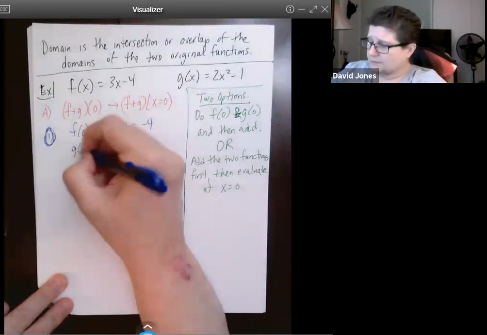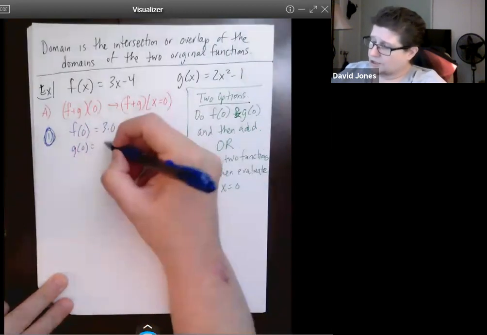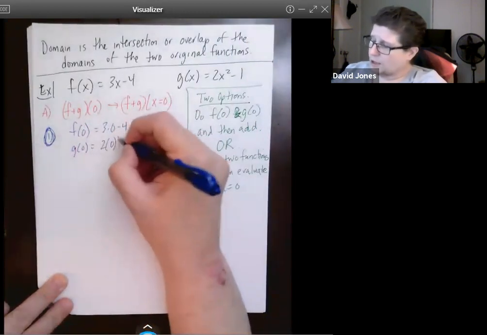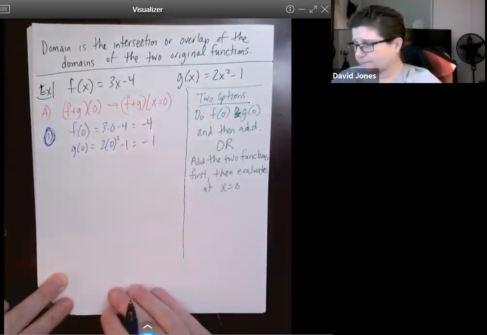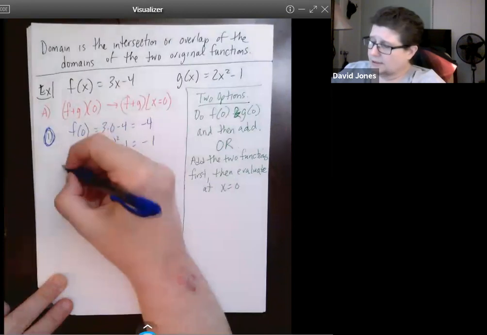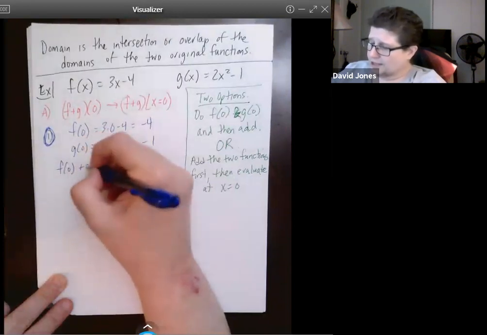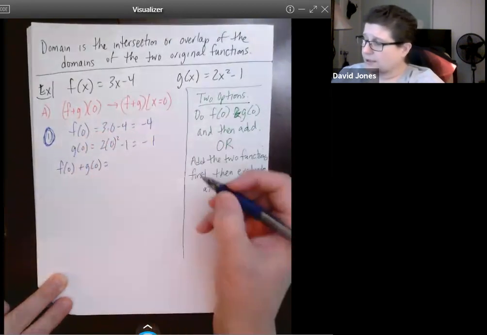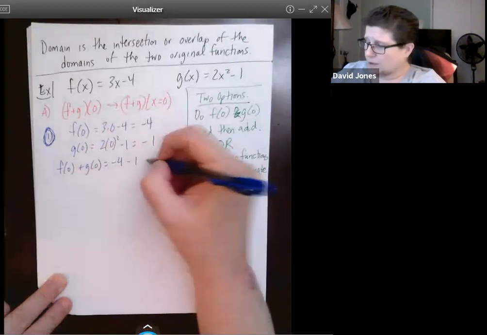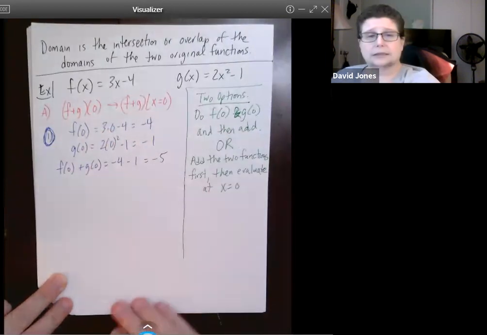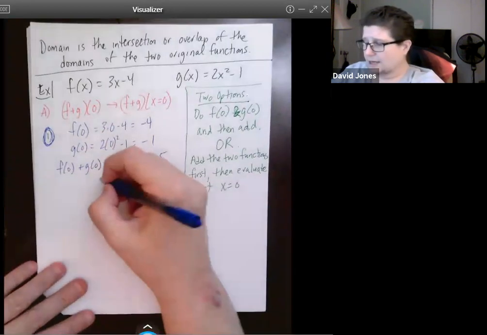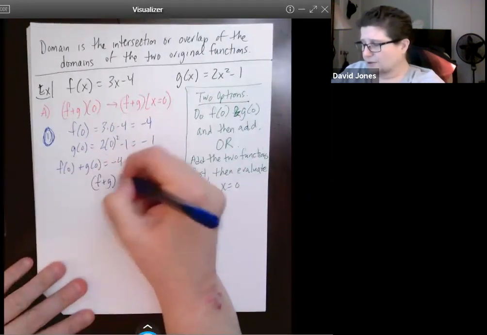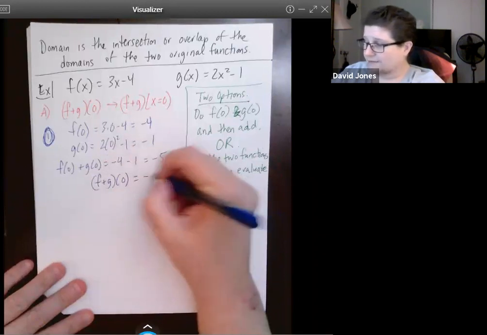And g of 0 is 2 times 0 squared minus 1, which is minus 1. So f of 0 plus g of 0 equals negative 4 minus 1, which equals negative 5. Which means f plus g of 0, the notation they gave us, is negative 5.